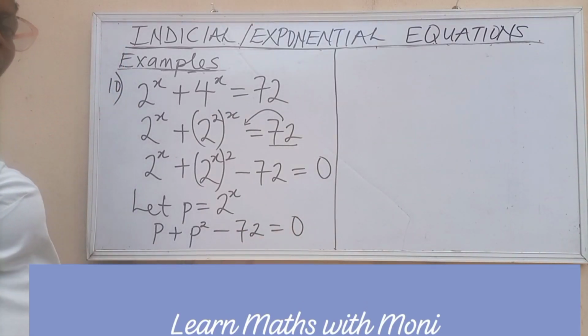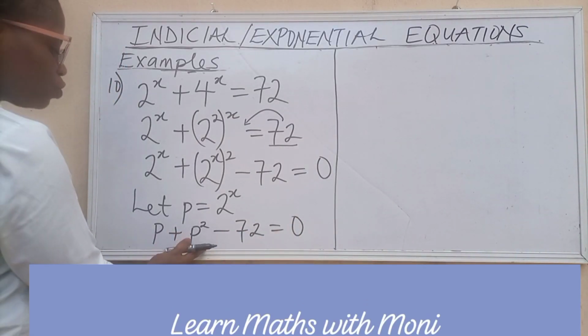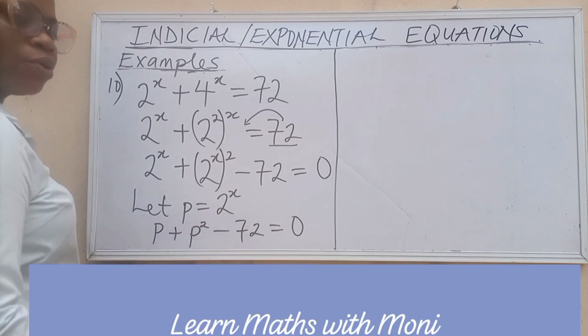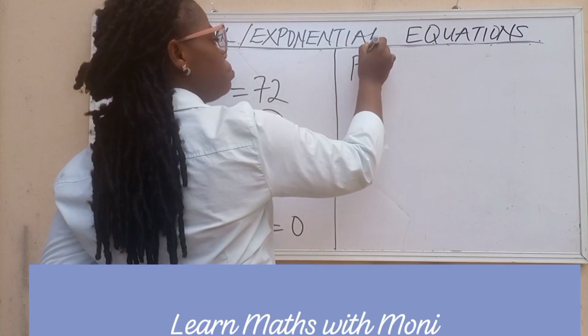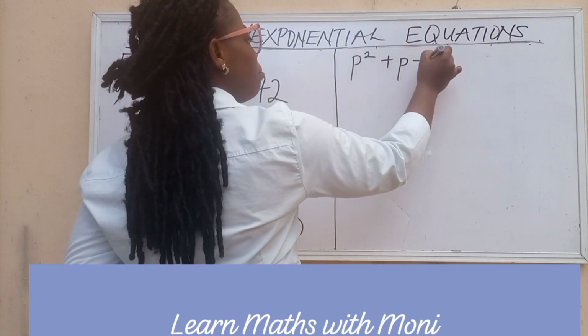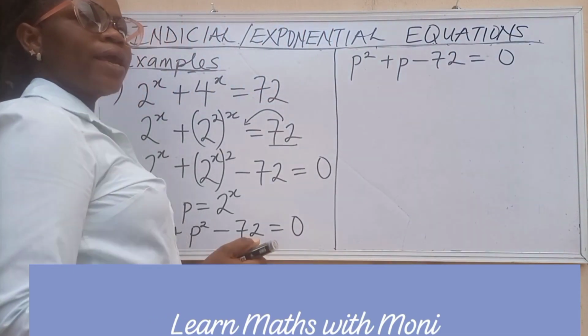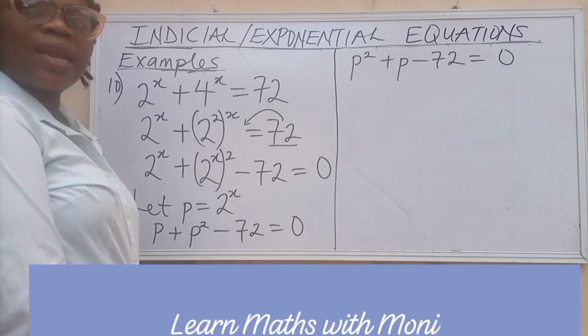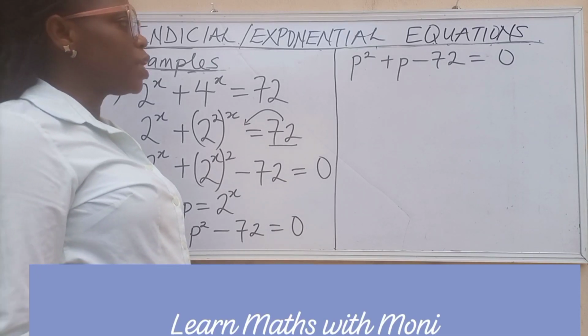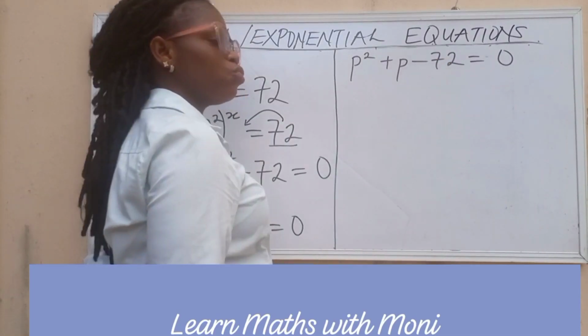I will rearrange my quadratic equation as P squared plus P minus 72 equals to 0. I know that 8 times 9 will give me minus 72.